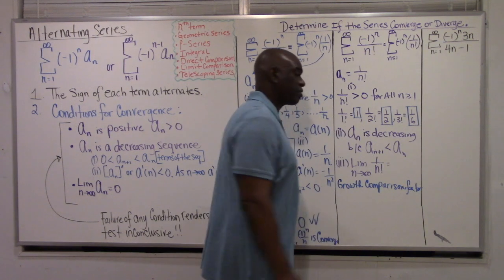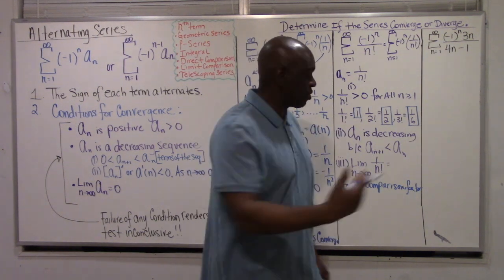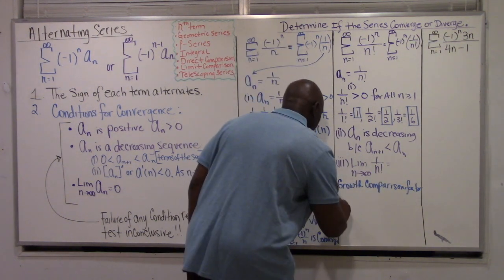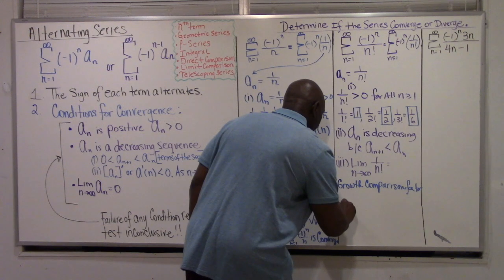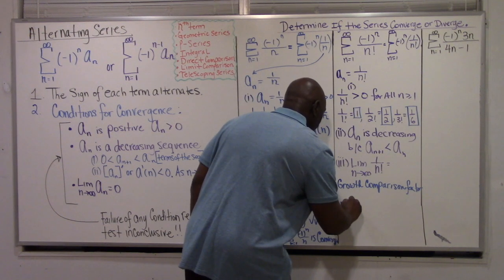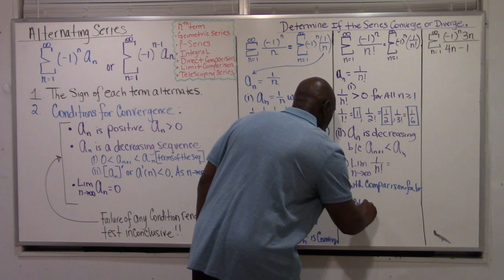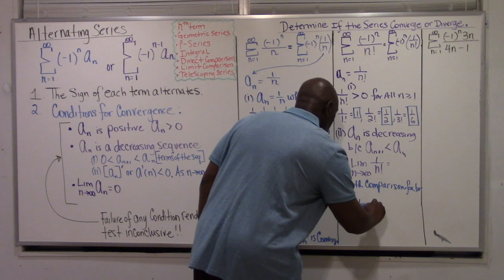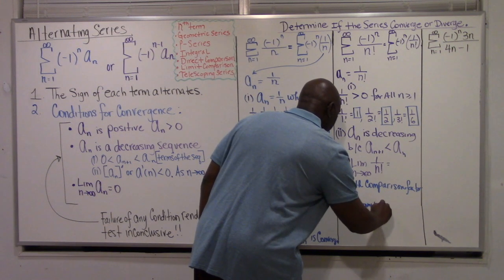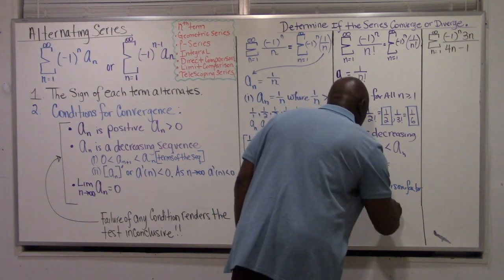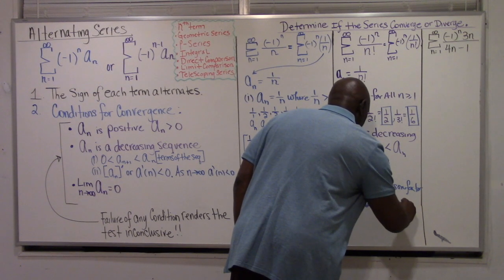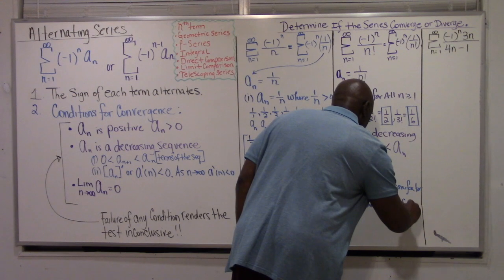The growth comparison factor says that logarithmic functions are going to be smaller than our polynomials, which are going to be smaller than our exponentials, which are going to be smaller than our factorials.